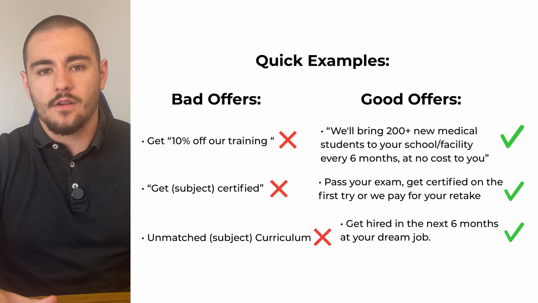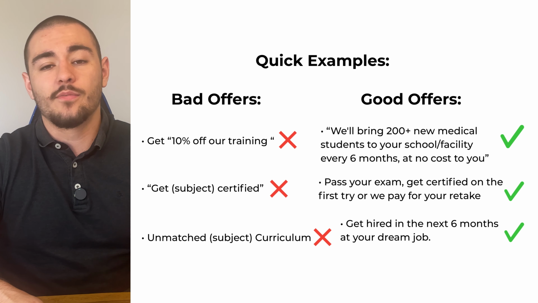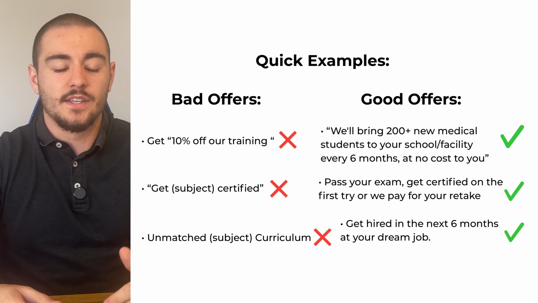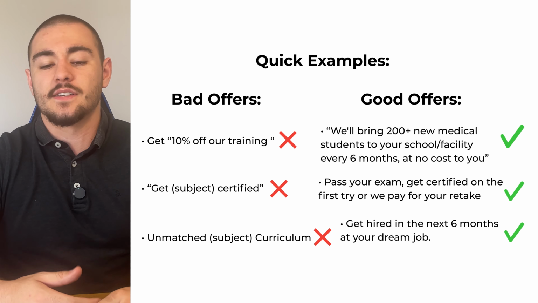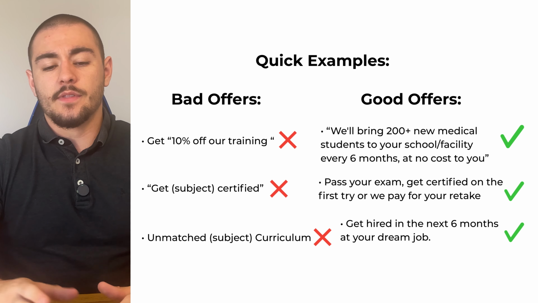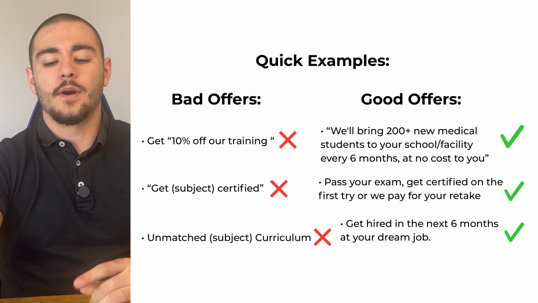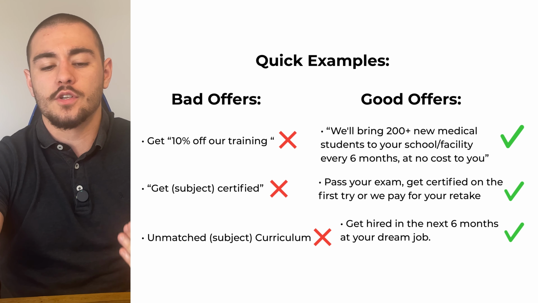They don't care about that at all. They just want to get a job, and a great job for them, and they're stressed because they don't want it to be next year. They want it to be in the next 6 months. So again, I know for some companies it's going to be difficult to replicate those, but at least you can start to think and push about how you can make the offers much better.